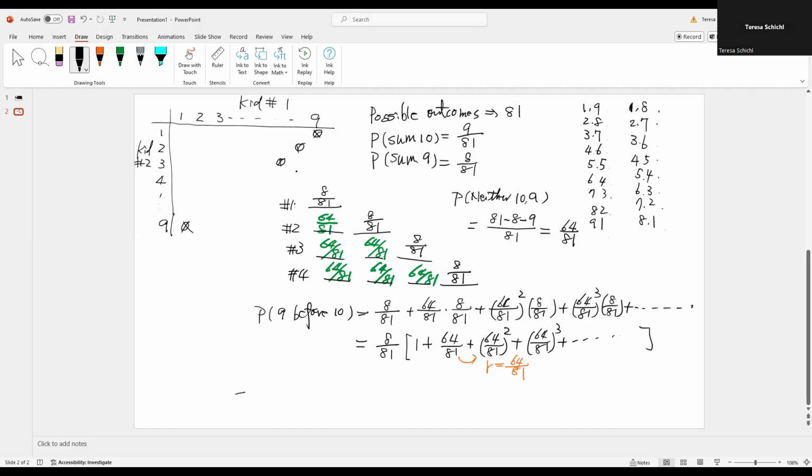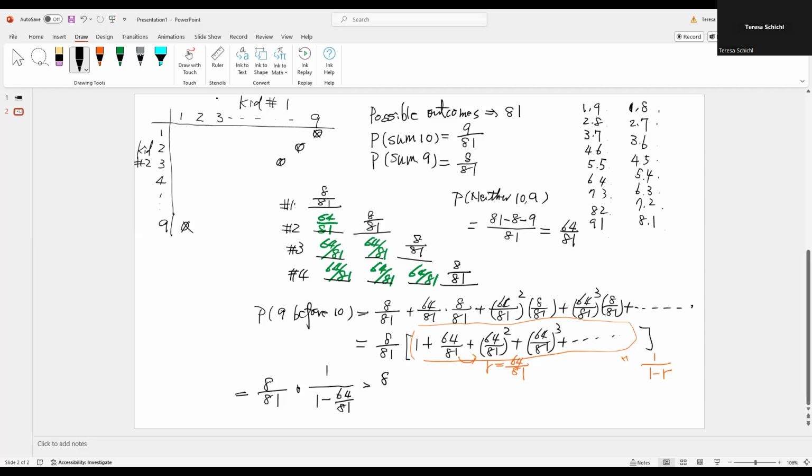So I know from the geometric sum, so I know this is A over 81. If you still remember from your algebra or calculus, the sum will be 1 over 1 minus R, right? So now it is times 1 over 1 minus 64 over 81.